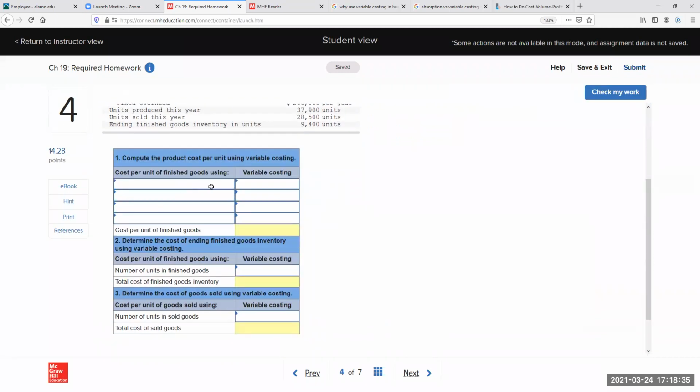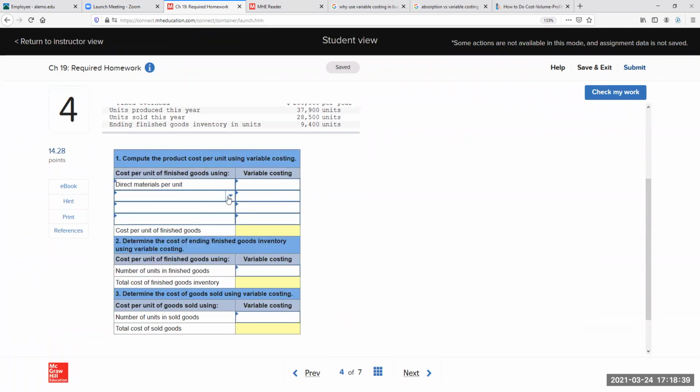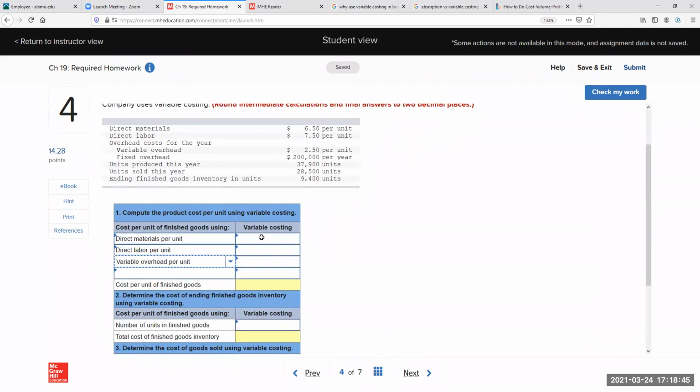They want the same thing except now per variable costing. So materials, labor, and variable overhead: 650, the 750, and the 250. So there's what we have. For finished goods, I got 9,400.